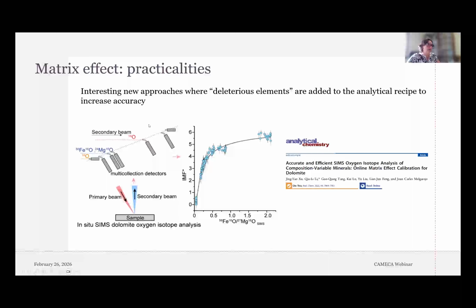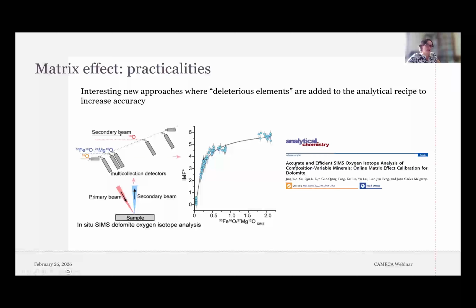I find this a really interesting approach to increase the accuracy of the matrix effect correction: to include some of what I would call the deleterious elements, the ones that are creating problems in the mineral, in the analytical recipe.